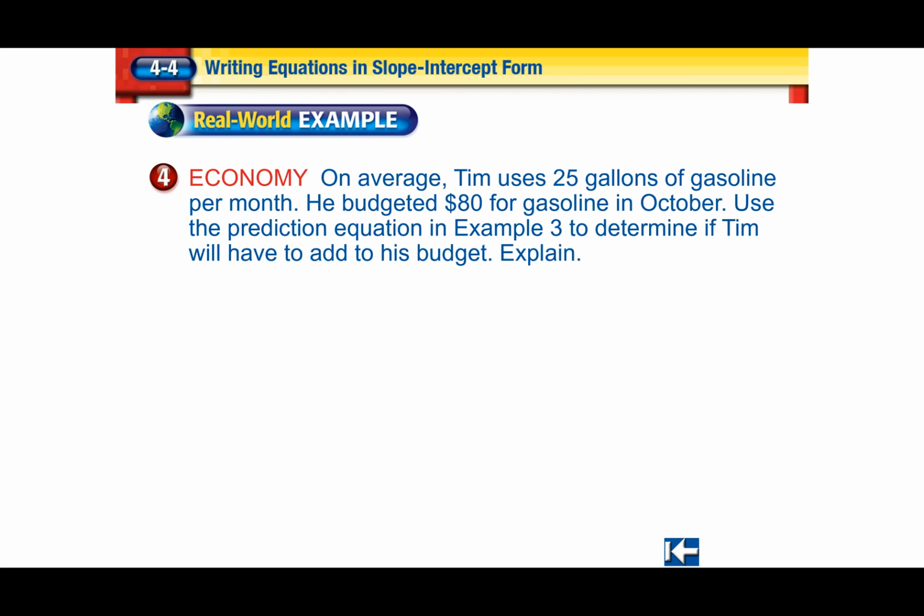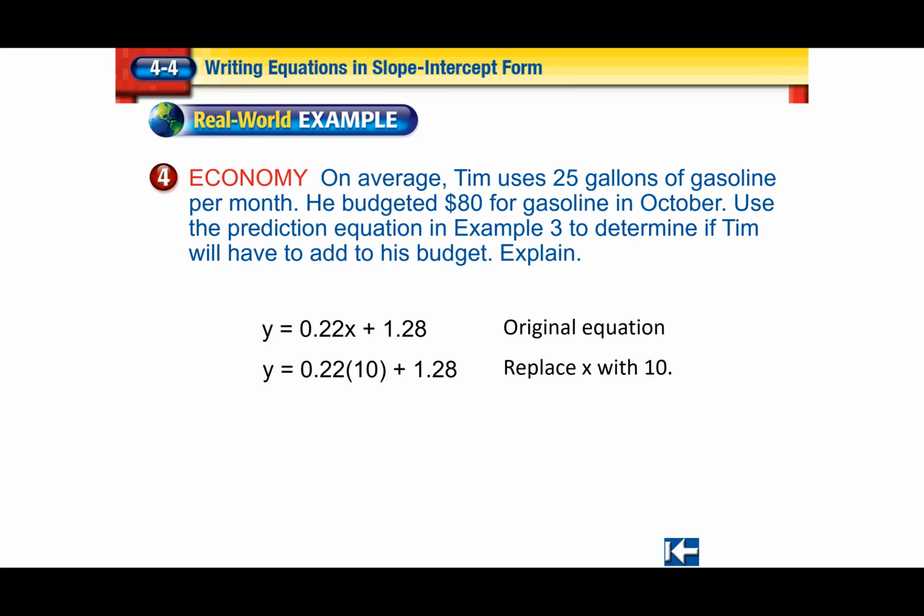On average, Tim uses 25 gallons of gasoline per month. He budgeted $80 in gasoline for October. Use the equation from example 3 to predict, in order to determine if Tim will have to add to his budget. So we take the equation that we figured out in number 3 a little bit ago, and we're going to put in the month of October, which is the 10th month of the year.